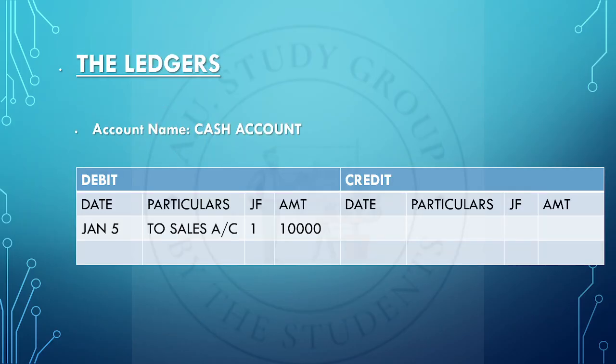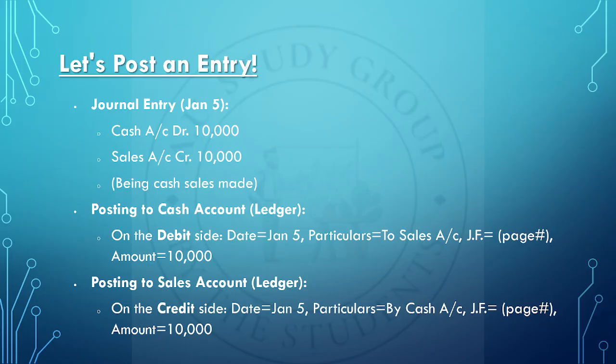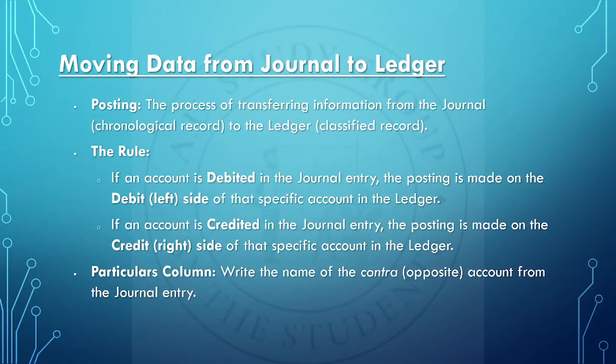So in the cash account, you'll write "To sales", 10,000. Perfect. You understood the rule? If an account is debited in the journal entry, the posting is made on the debit side of that specific account.